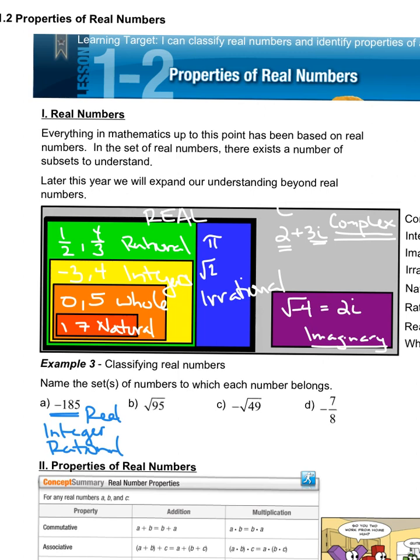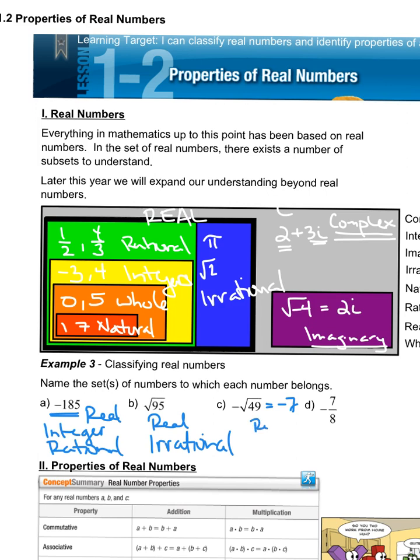Square root of 95. Well, I know for one this is a real number. I also do know that it cannot be simplified as a fraction, which means it must be irrational. Square root of negative 49. Well, hopefully you guys see that square root of 49 is 7. So this just means negative 7.